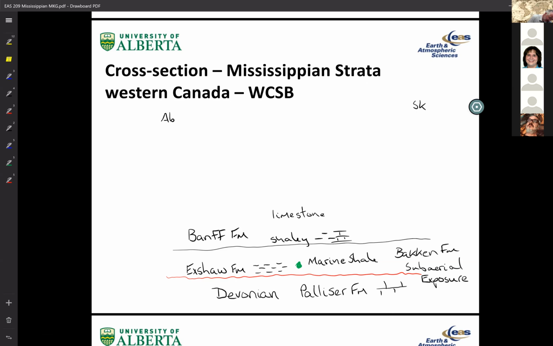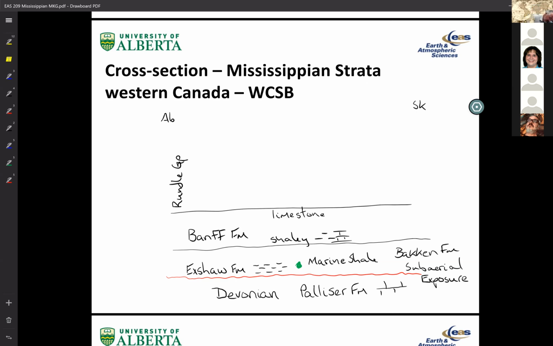So above the Banff Formation starts the Rundle Group. We'll do this a little differently because the Rundle Group is a pretty large-scale group of strata that you can view in Jasper, Waterton, just outside of Waterton, Banff, and whatnot.